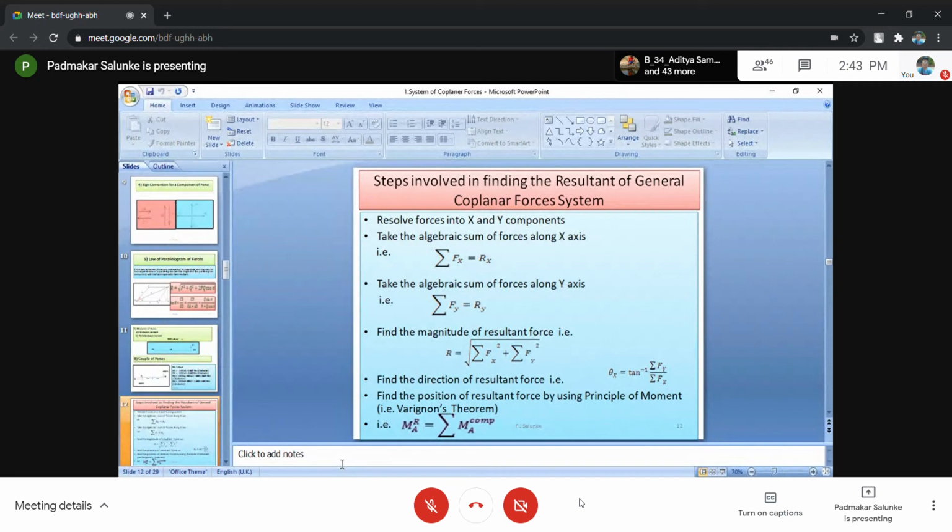In this topic, what exactly do we have to do? First, I told you our first topic is related to finding the resultant. If 10 forces are given, you have to convert these 10 in terms of 1. And that 1 is called the equivalent force, or the resultant force.